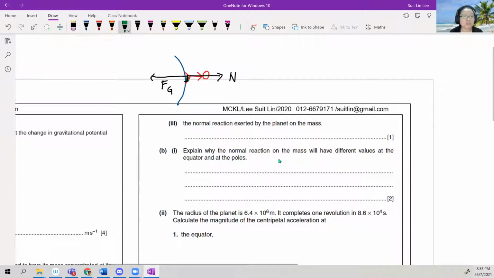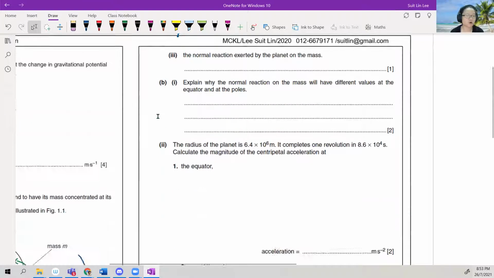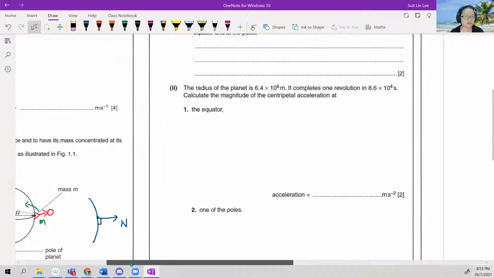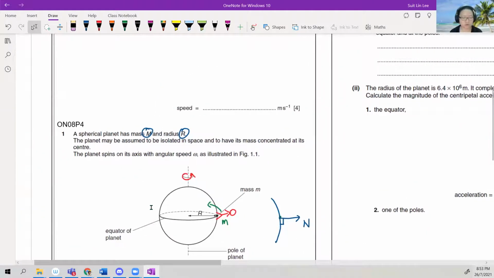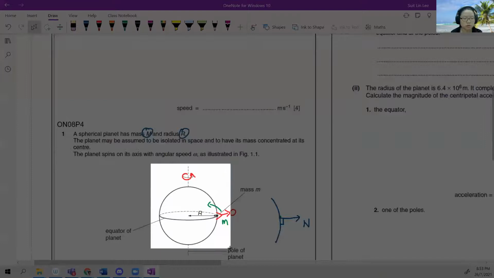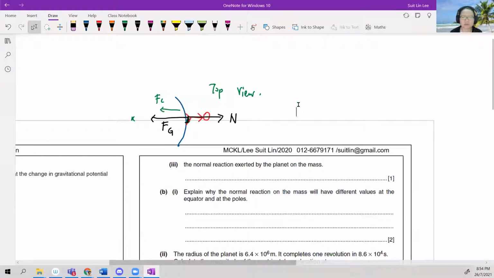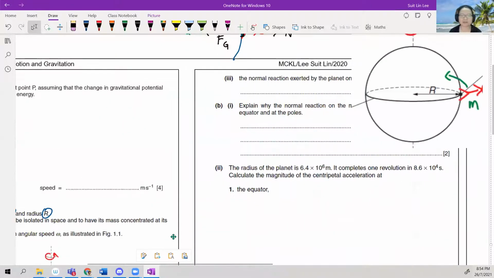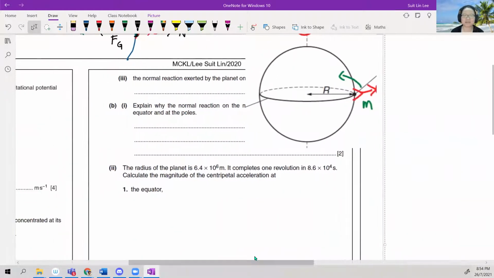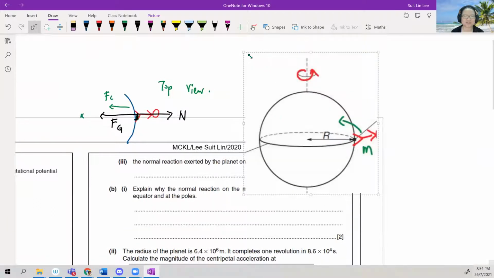But your centripetal force is directed to the center of rotation, like this. This is a top view of this sphere. Because 3D is sometimes a bit hard to visualize. Normally, when I teach this topic, I'll borrow a basketball from the student sports complex and spin it around.